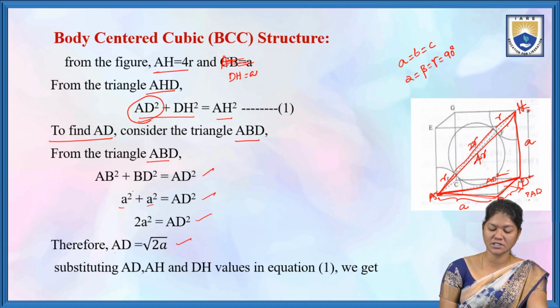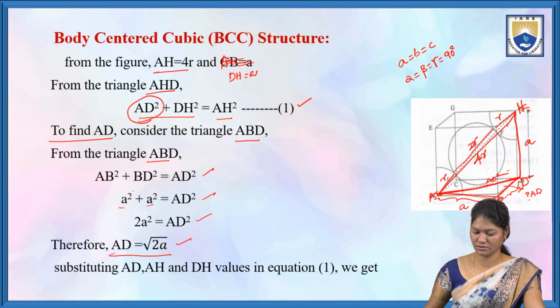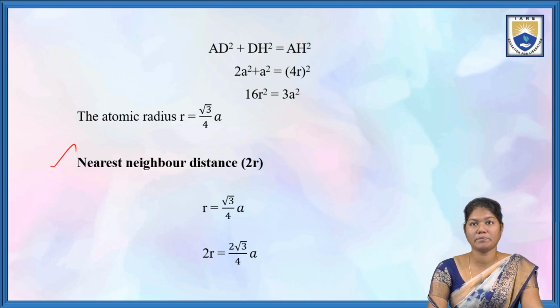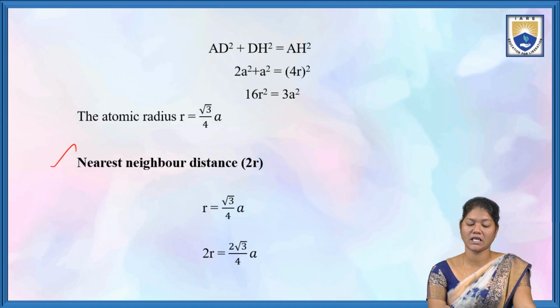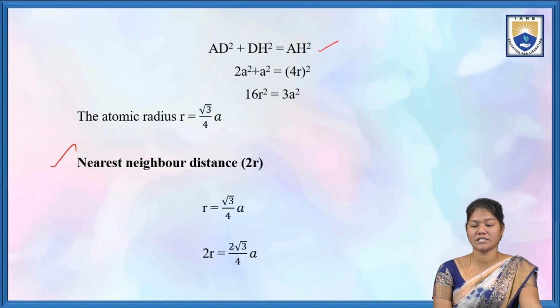Now substitute this AD value in equation 1. AD square plus DH square is equal to AH square. That is the first equation. So we are substituting the AD square.